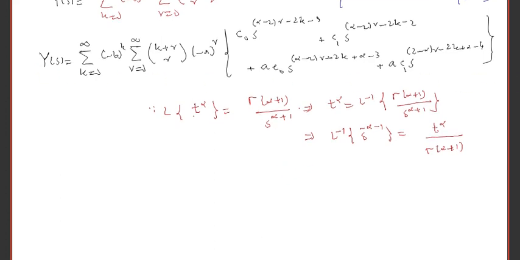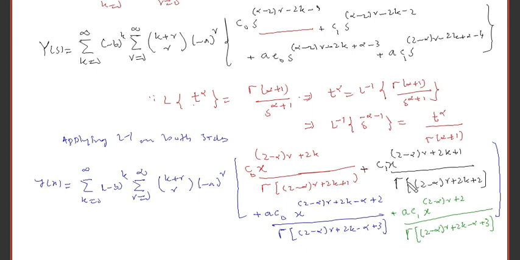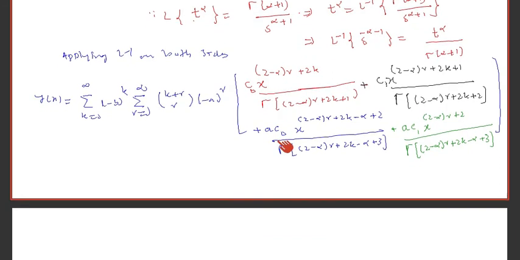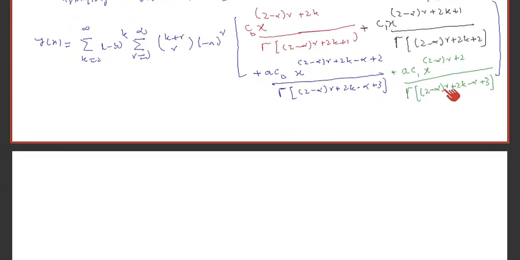I will use this formula to convert all these s terms back into the original function using inverse Laplace transform. Okay, applying L inverse on both sides, I get this one. Now we need to separate this series, and we also need to convert this binomial notation into factorial, and then convert that factorial notation into gamma function.